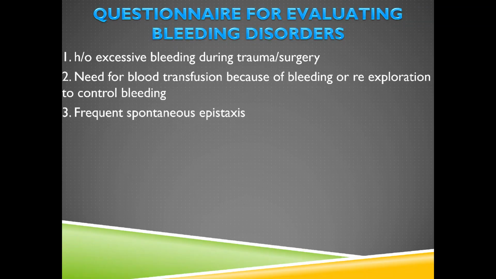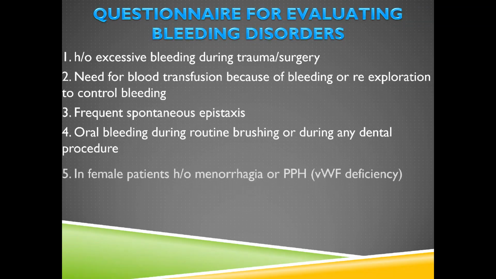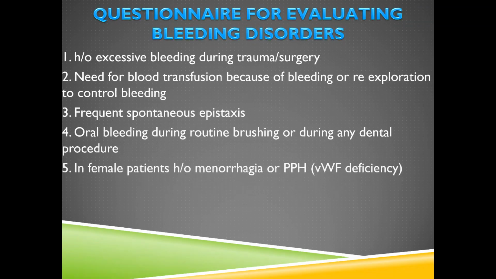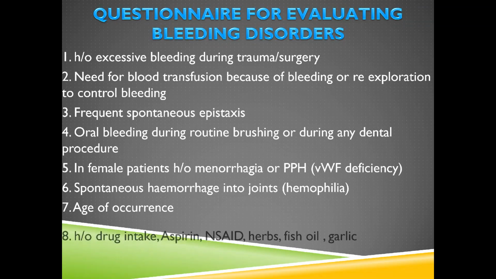Any frequent spontaneous epistaxis? Oral bleeding during routine brushing or during any dental procedure? In females, menorrhagia or postpartum hemorrhage? Spontaneous hemorrhage into joints, like hemophilia patients? Age of occurrence of these episodes of bleeding?